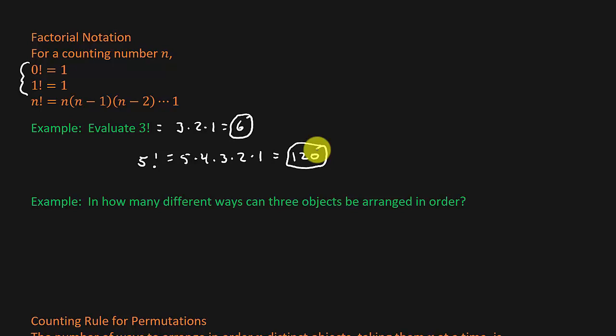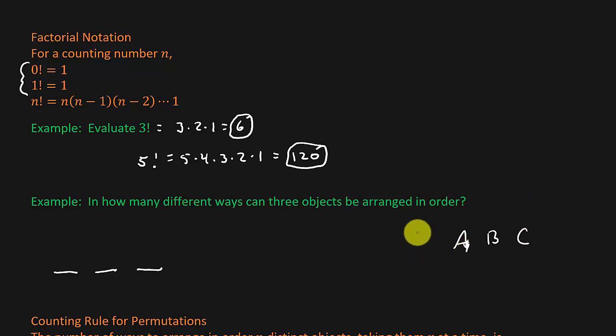That means we're going to have 3 spots to arrange the 3 objects. Just say we've got 3 objects over here, and I need to pick one of them to go in this first spot here. Let's say we've got object A, B, and C. These are our 3 objects.